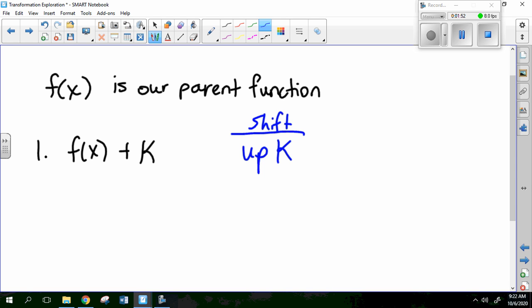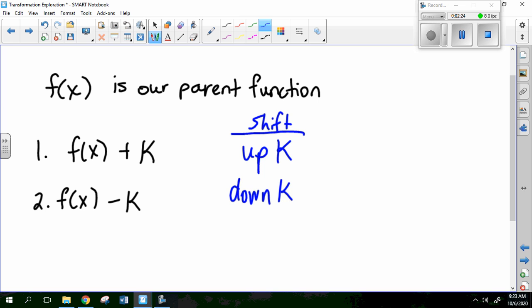So if my function stayed the same, and then I minused a number, after the absolute value part or after the square part, what happened to it? It went down, whatever that number was. So we're just going to say down k. K is just going to be our generic number that we're going to talk about.